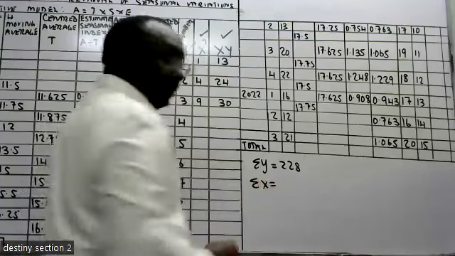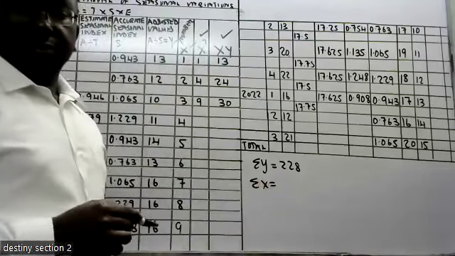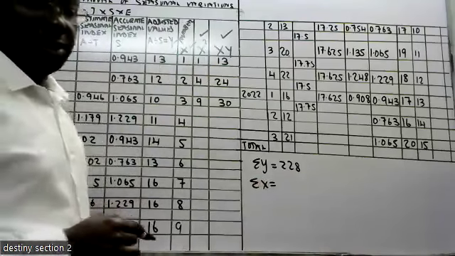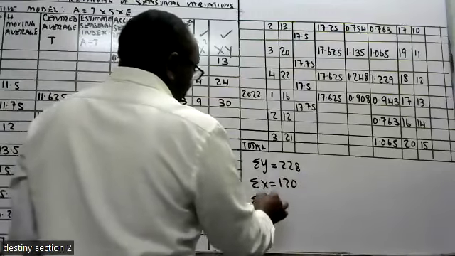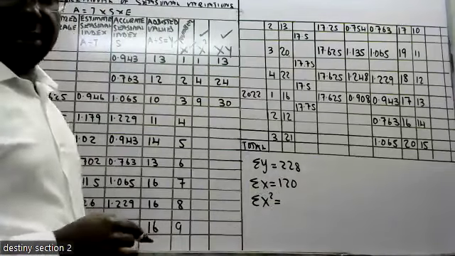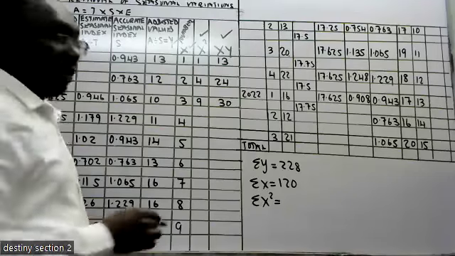What have you gotten? $120. The next one is sum of x squared. X squared. $1240.